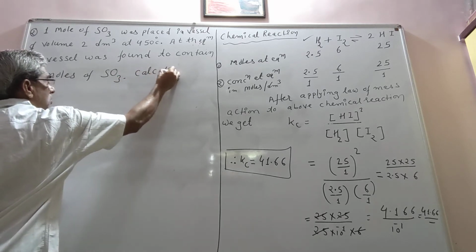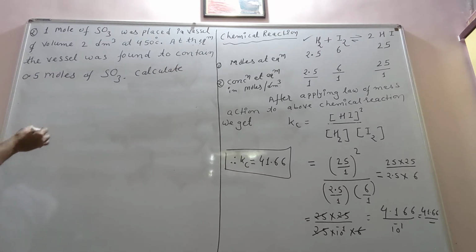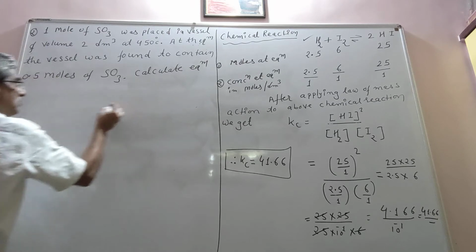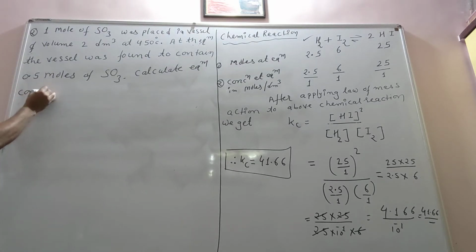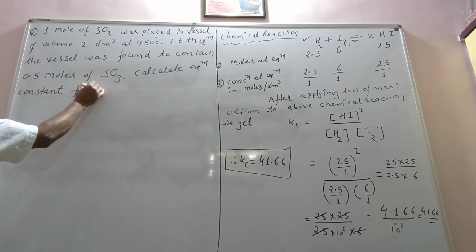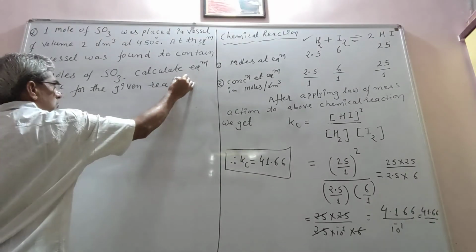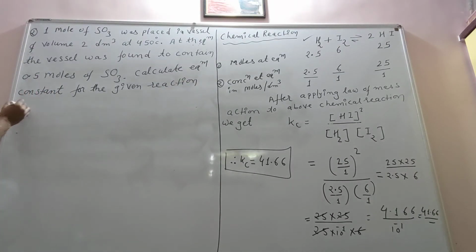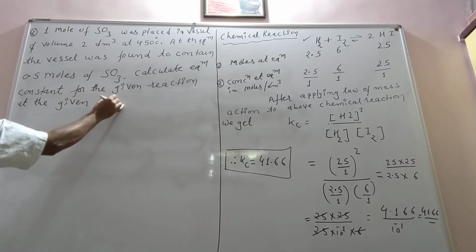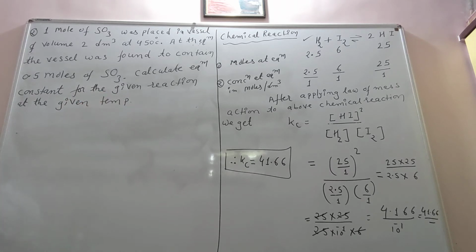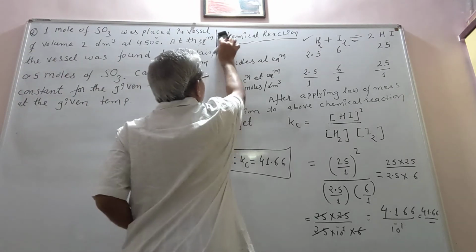Calculate the equilibrium constant for the given reaction at the given temperature. Now, this is numerical number 2.